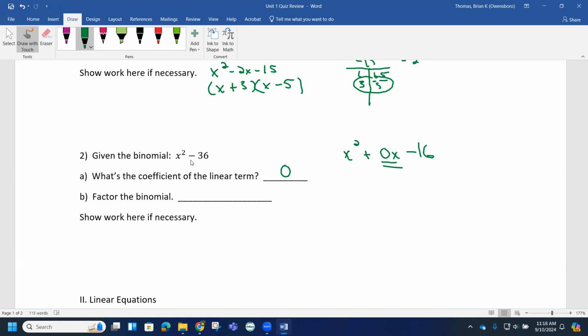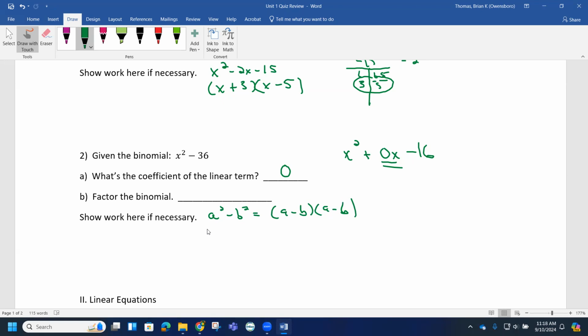So if we want to factor x squared minus 36, we have to recognize that this is a difference of squares. If we have a squared minus b squared, it's going to factor into a minus b times a plus b. It's going to factor into those two binomials.